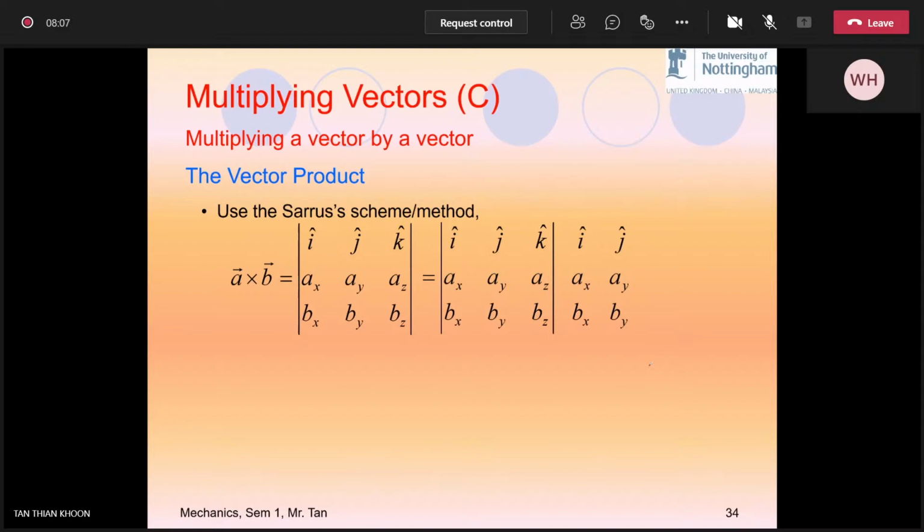So we just need to add another column, for this I column, J column, the first column and the second column. So we add this additional column, then we will be able to get the equations.